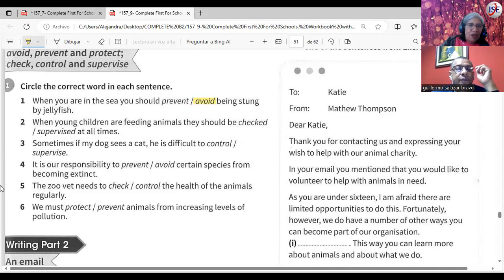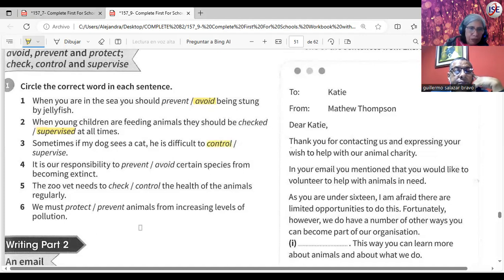When young children are feeding animals, they should be checked or supervised at all times. Supervised at all times. Sometimes, if my dog sees a cat, he is difficult to control. Control.